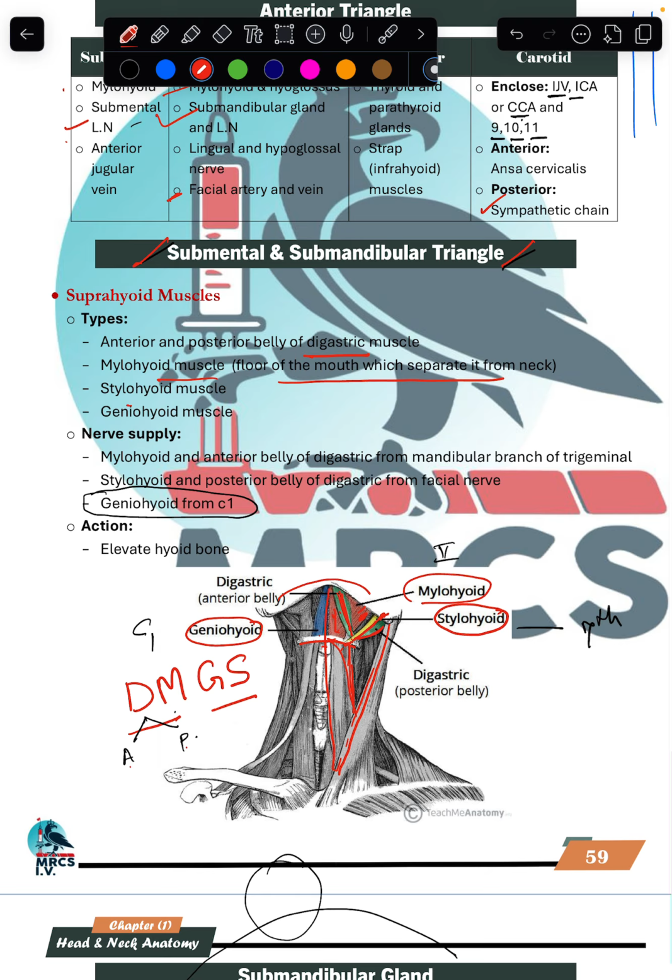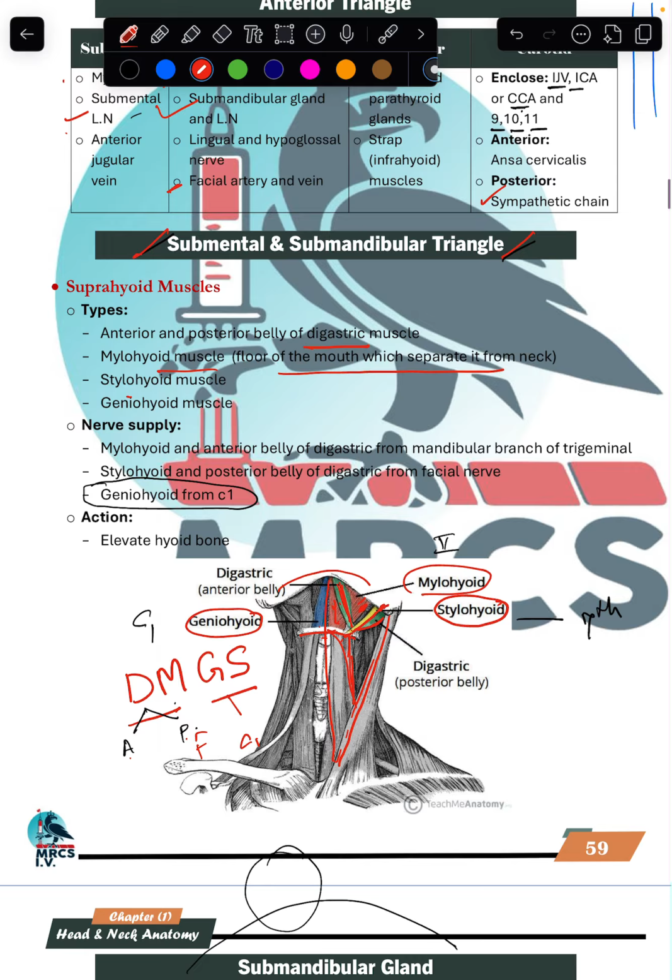Anterior belly of digastric from the mandibular nerve, posterior belly from the facial nerve, and stylohyoid from the facial nerve, and geniohyoid from C1. Stylohyoid from the facial, geniohyoid from C1, mylohyoid from the mandibular nerve.